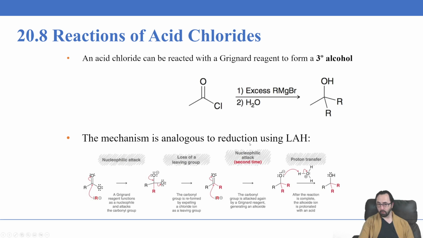Some other reactions of acid chlorides: again, we can use other nucleophiles. For example, we can use a Grignard reagent. The Grignard reagent is written like this, and again, like usual, it's the R group that's the nucleophile that's going to go in and attack.